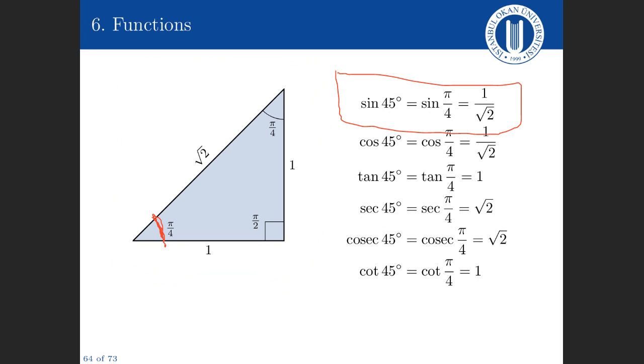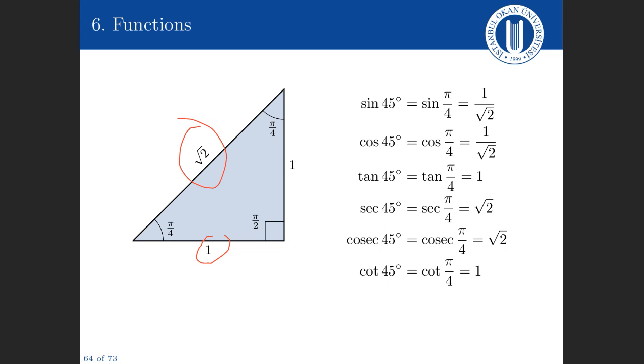We know that sine is y divided by r. Sine must be 1 divided by root 2. Cos is x divided by r. So cos pi over 4, or cos 45 degrees, must be 1 divided by root 2.